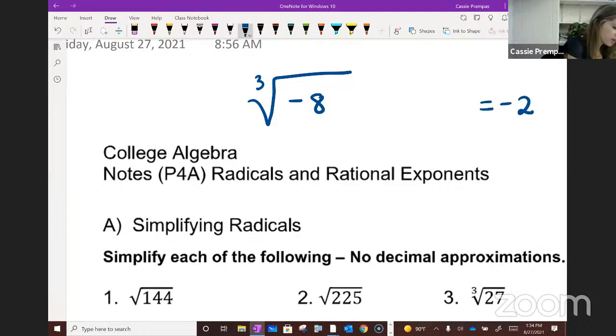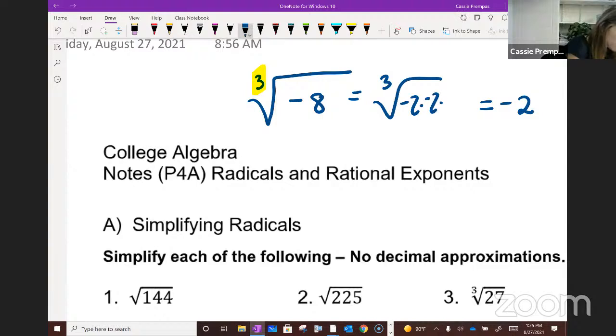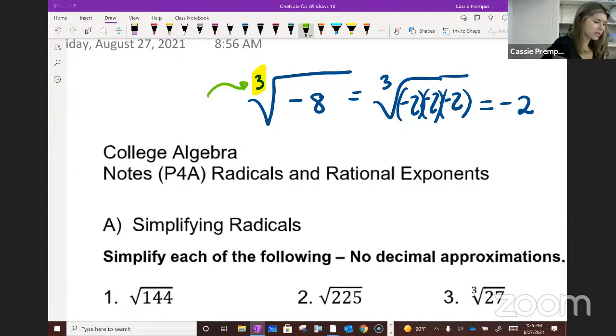-2, awesome. And the reason being is because you have an index, I will be using that word a lot, because you have an index of 3, you are looking for 3 of the same number that when multiplied gives you the number underneath the radical. That little index is called your index, or sometimes it's called the root.